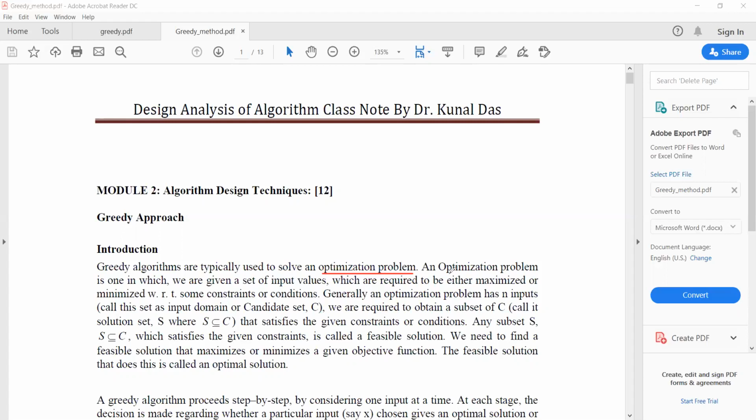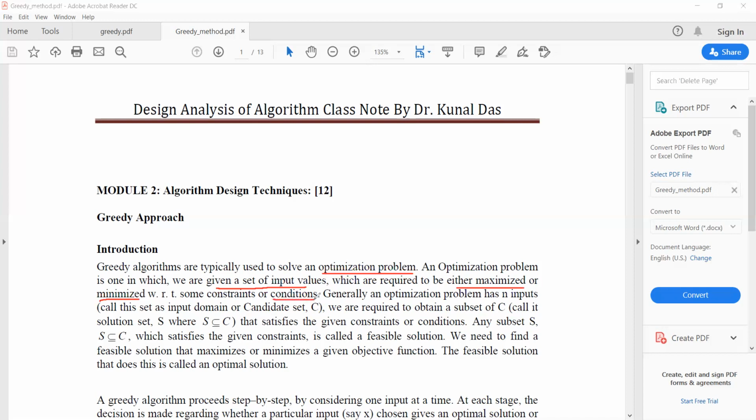An optimization problem is one in which we are given a set of inputs. This set of inputs is called the candidate set or input domain C, and we are required to either maximize or minimize the problem solution with respect to a given input condition.